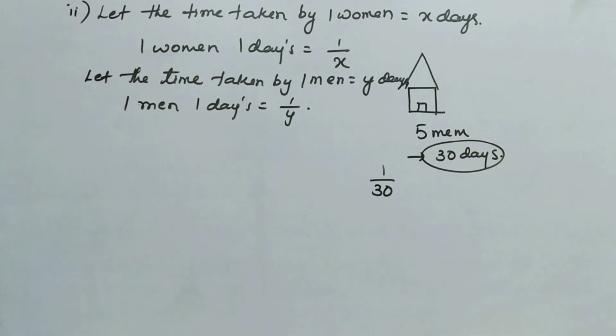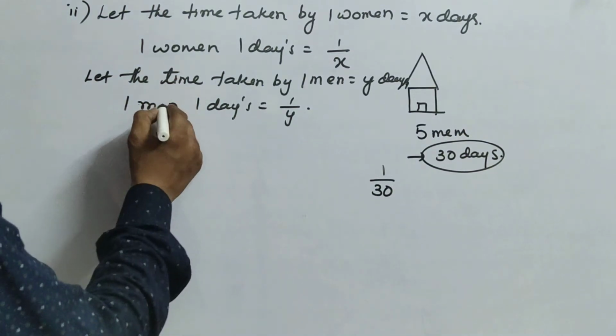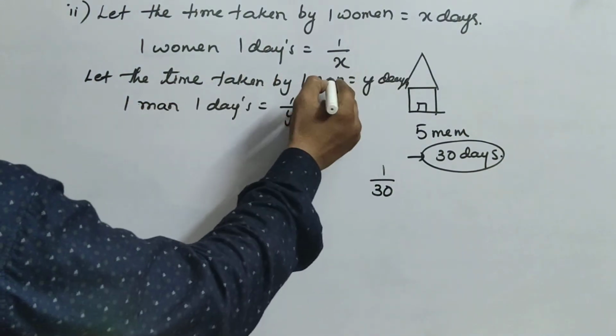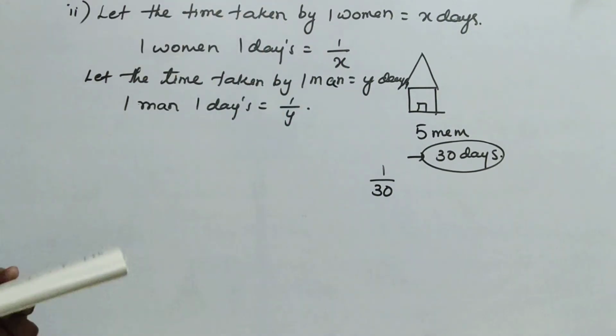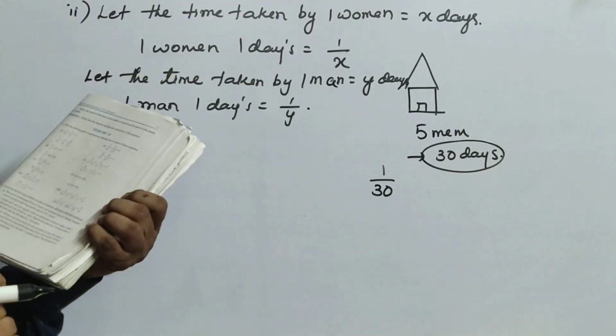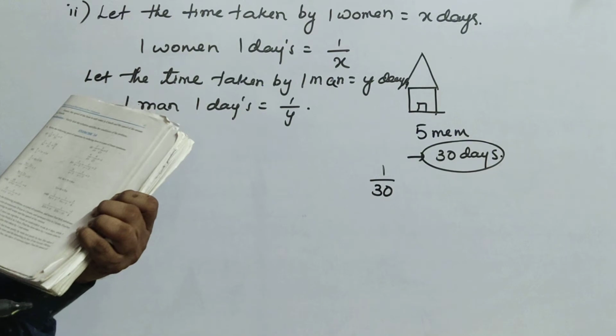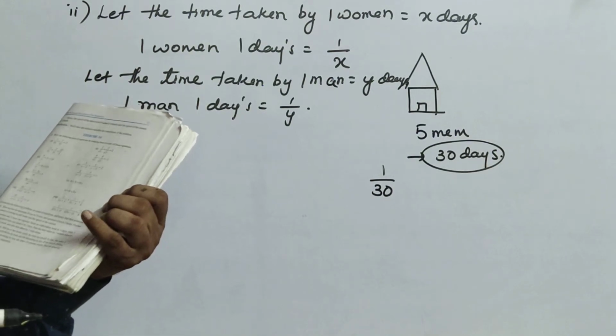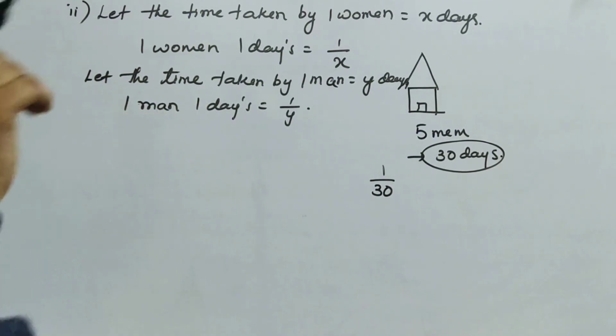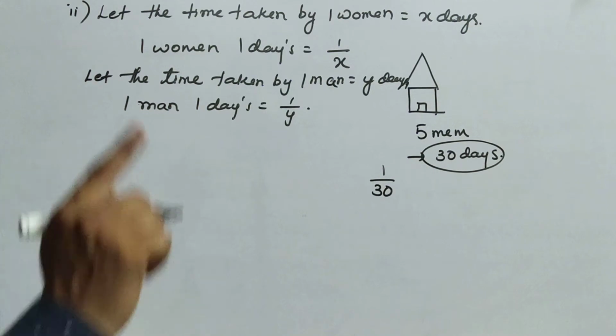Now what you ask in the question, you can write as man. In the question it is given man. Okay, now 2 women and 5 men can together finish the embroidery work in 4 days. There also they gave 4 days. 4 days means 1 by 4 only.